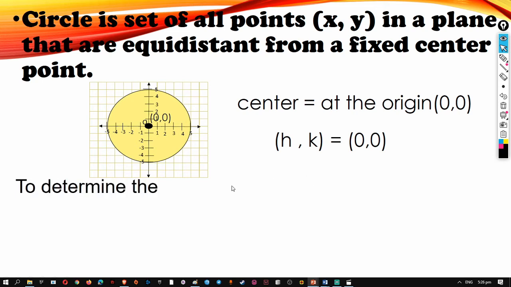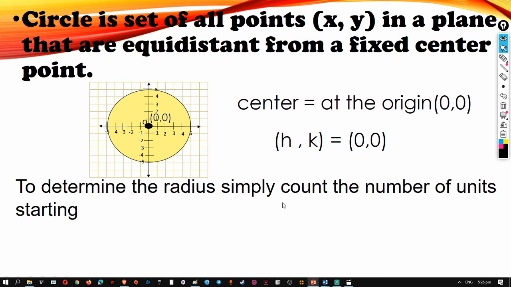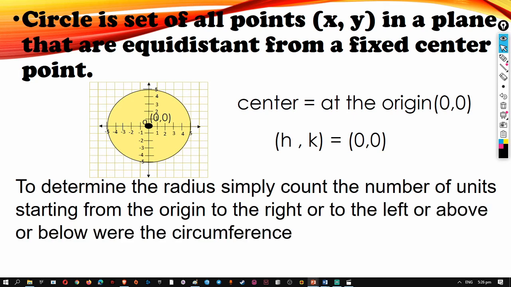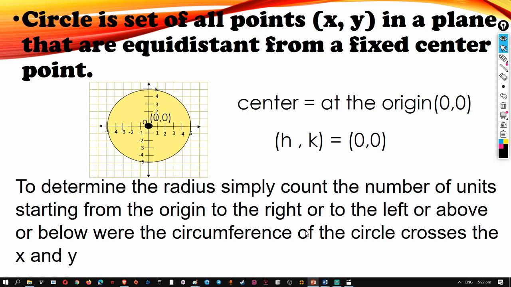Then, to determine the radius, you simply count the number of units starting from the origin to the right or to the left or above or below, where the circumference of the circle crosses the x and y axis. Kaya pag binilang ko ito, left, 1, 2, 3, 4, 5.